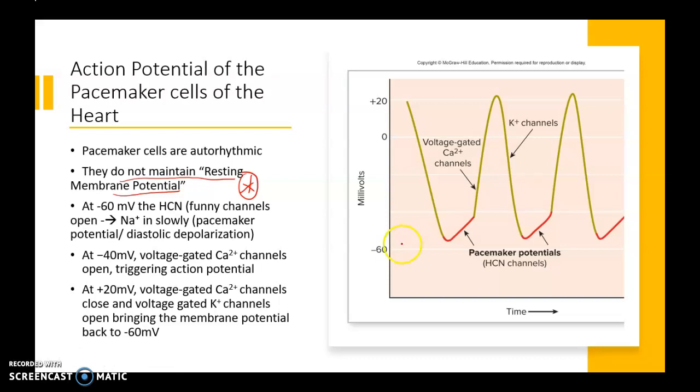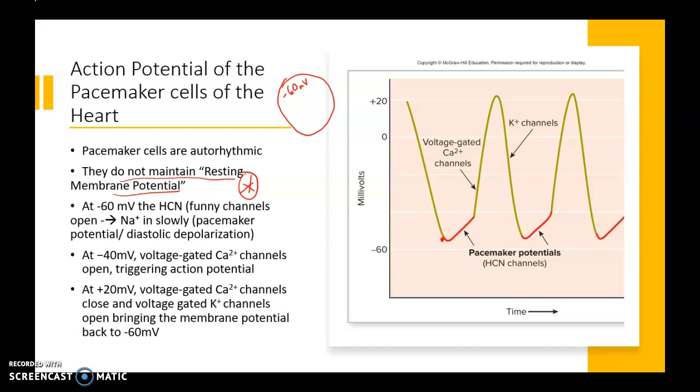So let's start here at -60. Now, these specialized cells have some special features, so let's draw a specialized cell. Let's say this is a specialized cell. And when the event starts, it's at -60 millivolts. Remember, it does not have a resting membrane potential.